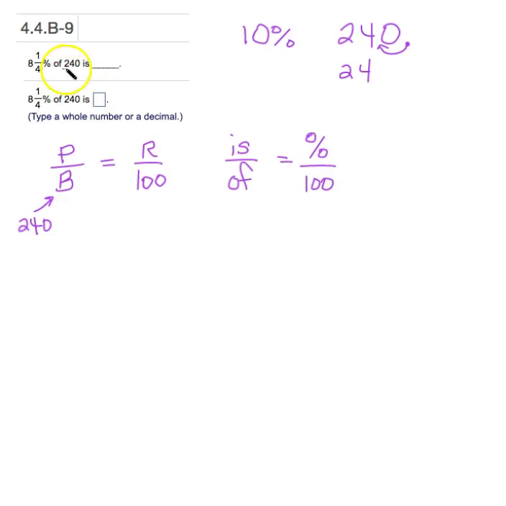If the wording has is and of in the problem, this version helps you. So 8 1/4%, that would go in for the percent. Whatever the percent is goes over the 100. So this would be 8 1/4.